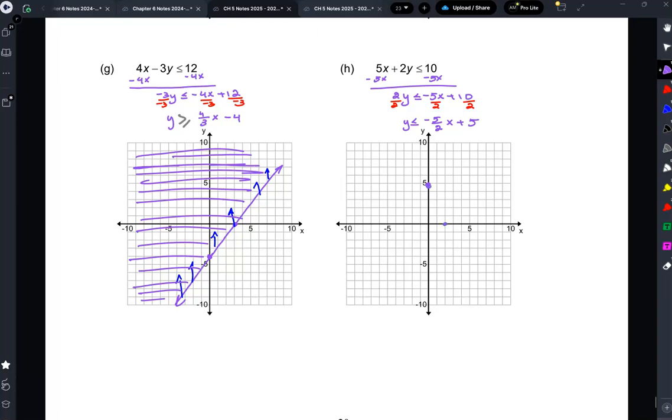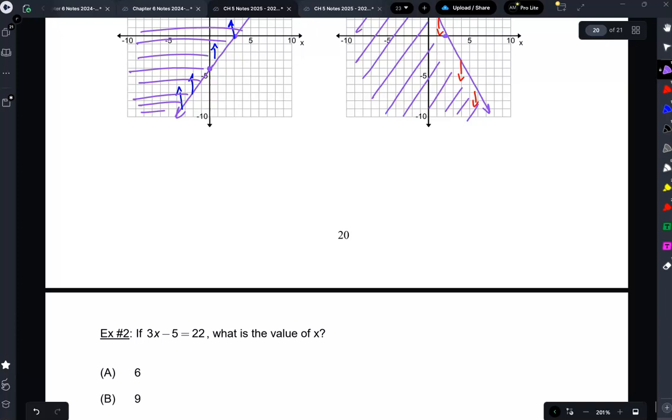Down 5 over 2. Solid line. And arrows have to go down. So we're going to shade this part. Okay. So there we go. All right.